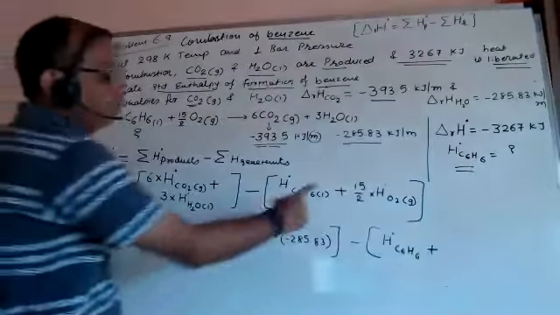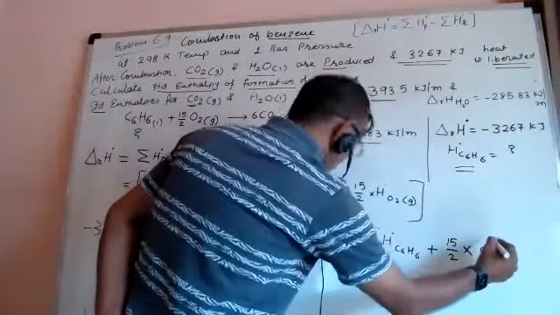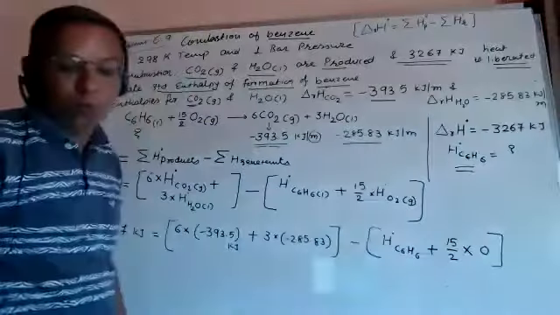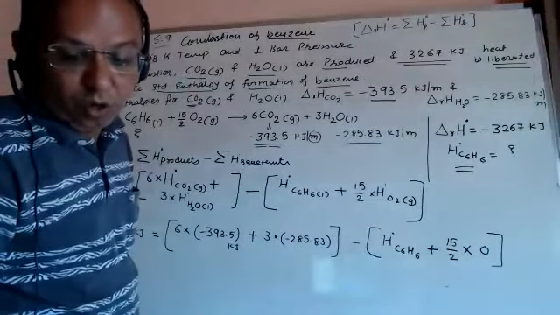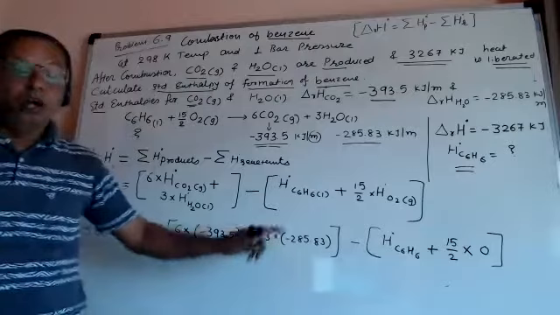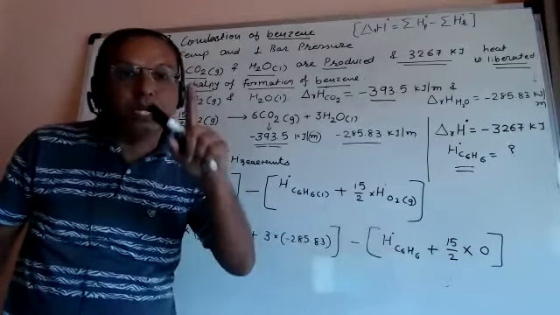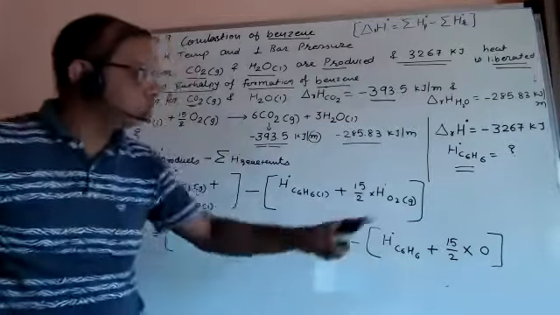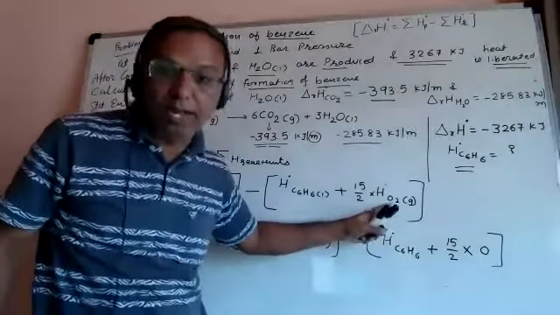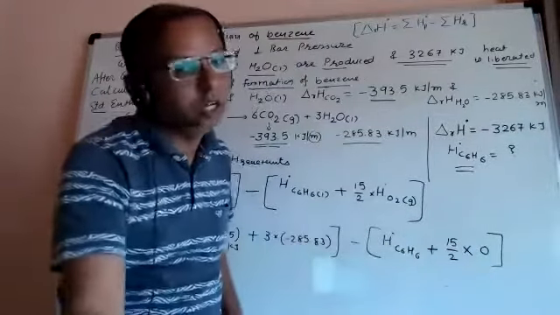Plus, friends, this is 15 by 2, H° of O2 is 0. Always remember, friends, the enthalpy change of an element alone is to be considered 0. And that's why oxygen is alone. That's why the value of enthalpy change of oxygen is placed here 0.